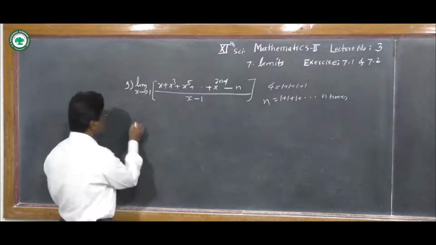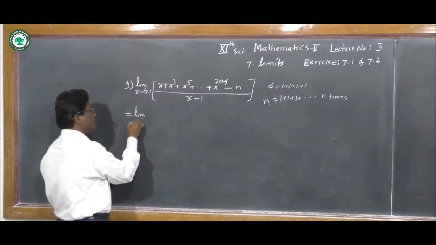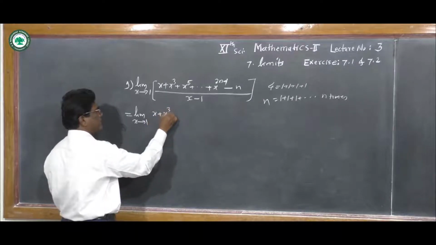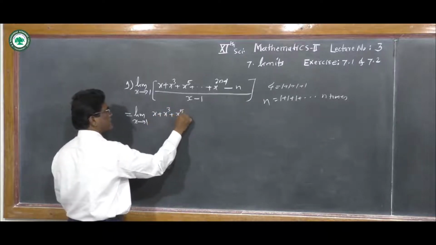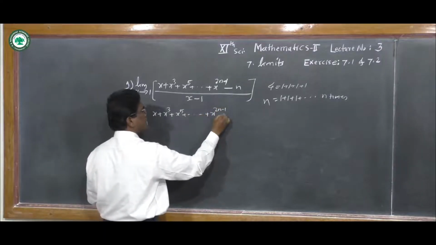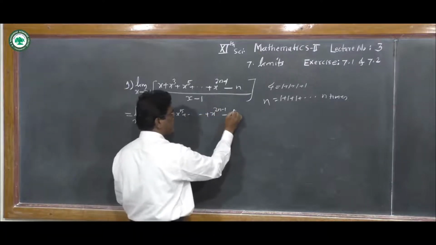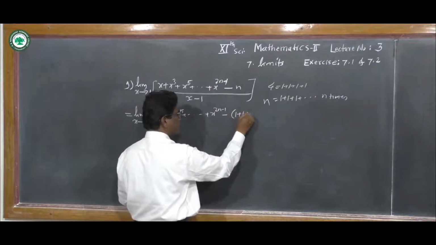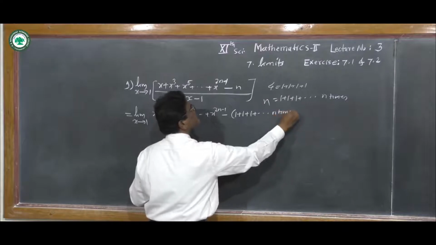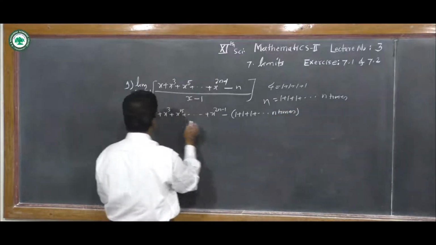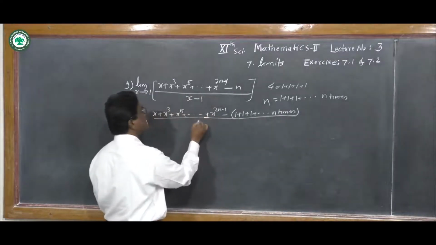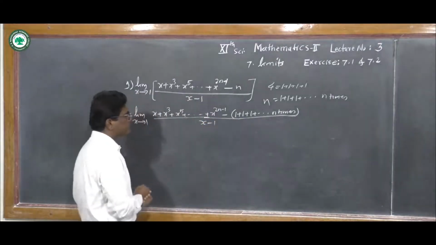So this limit we write: limit x tends to 1, x plus x cube plus x to the power 5 plus up to dot dot x to the power 2n minus 1, minus, we write this n as 1 plus 1 plus 1 plus up to dot dot n times, and divided by x minus 1 as it is.